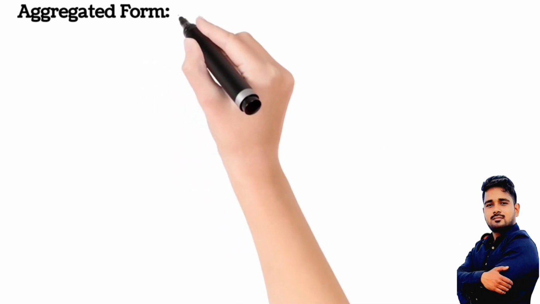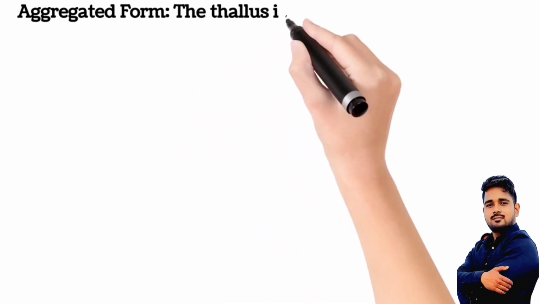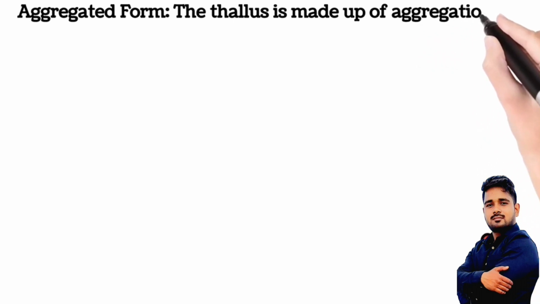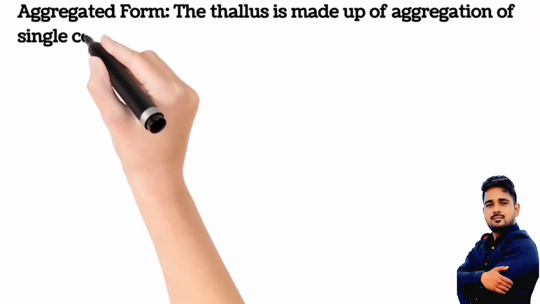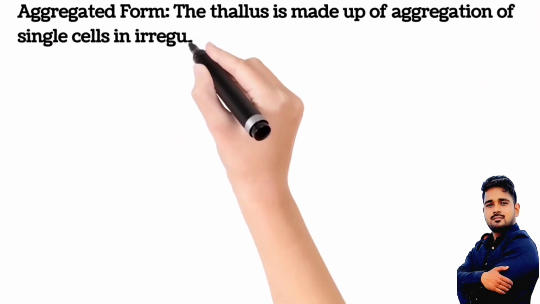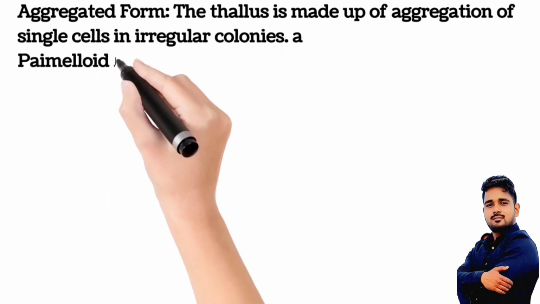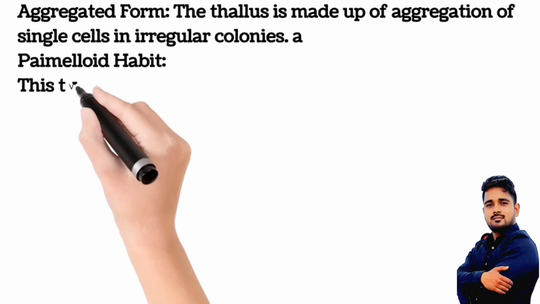Aggregated forms. The thallus is made up of an aggregation of single cells in irregular colonies, a palmelloid habit.